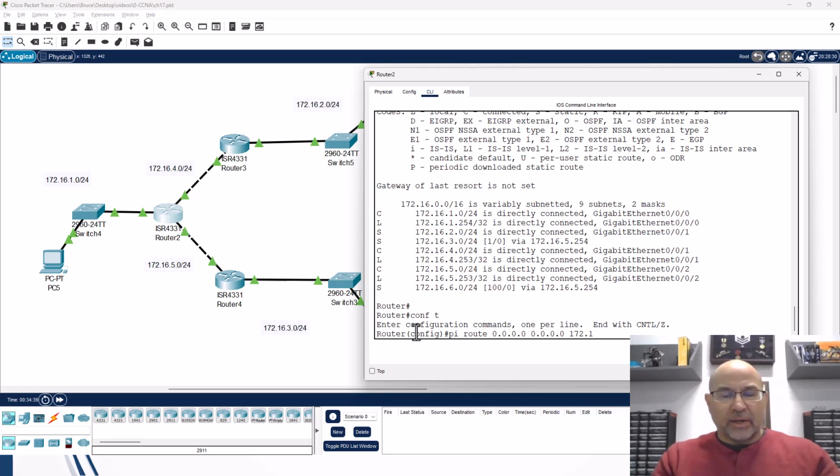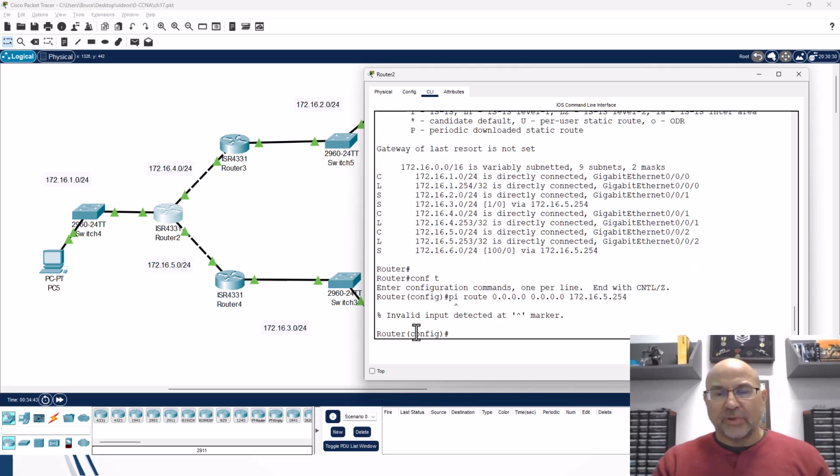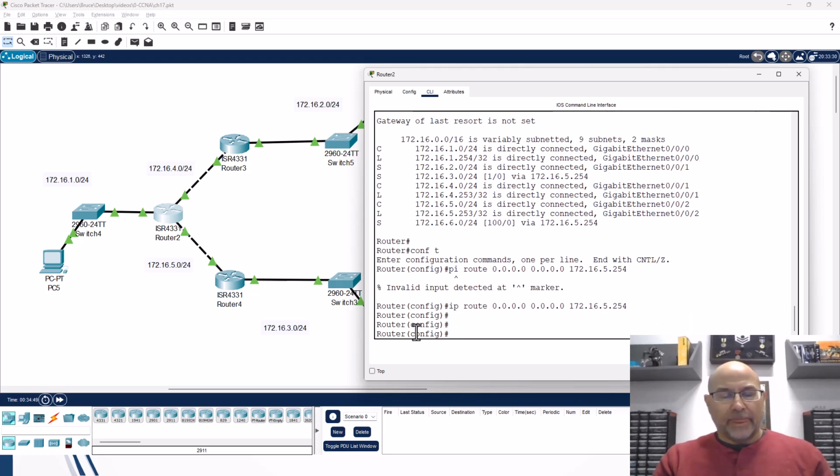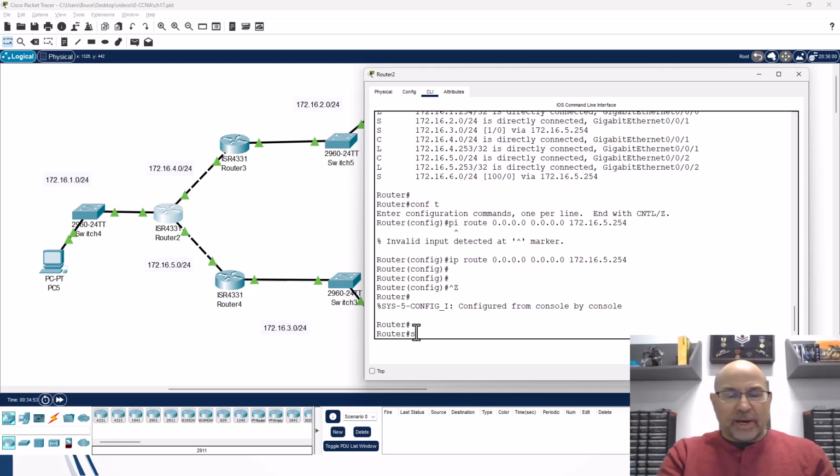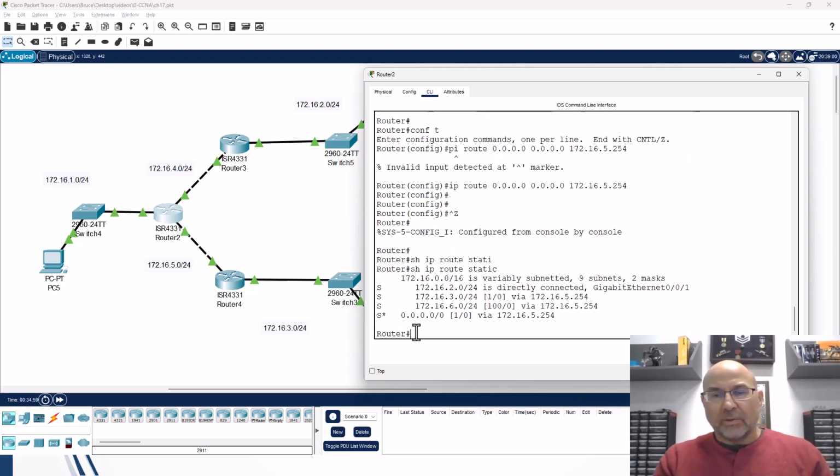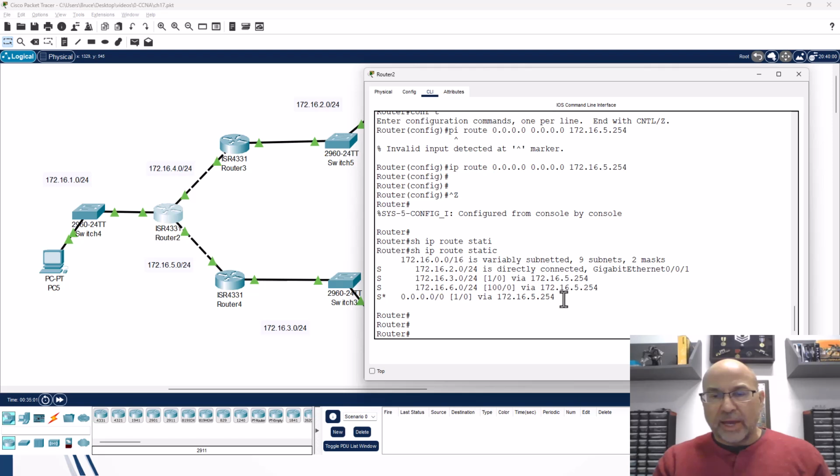And I would say, well, just who's going to be the forwarding router's IP address for that? And now if I take a look at my routing table, by the way, we'll do the show IP route static, right? We can see that we have that default route right there.